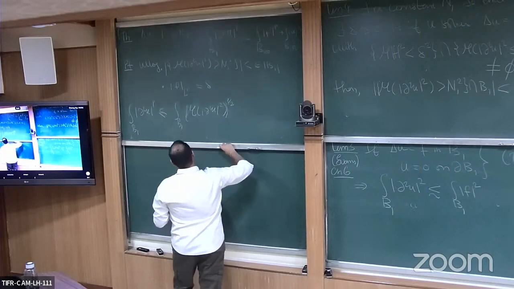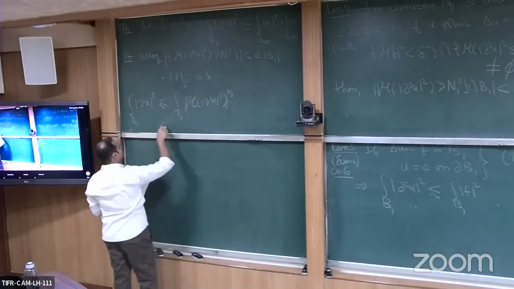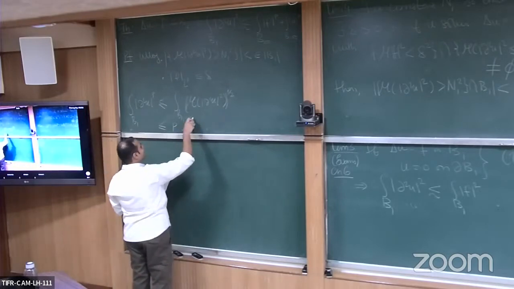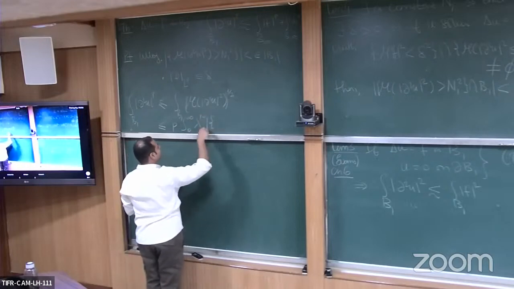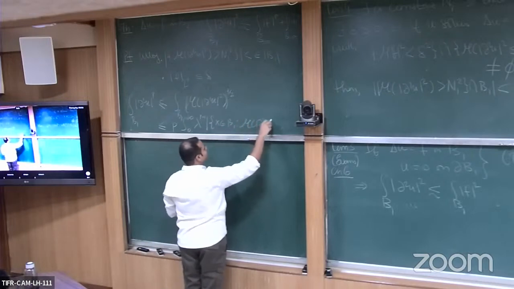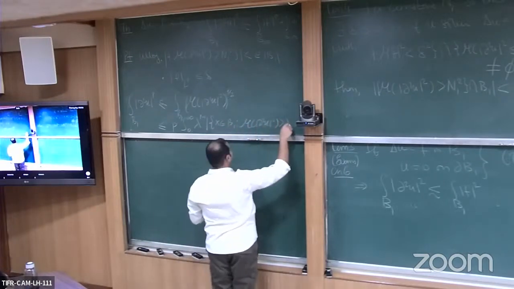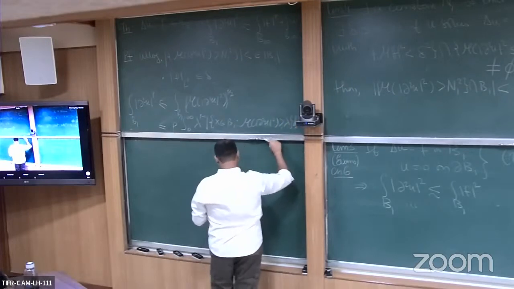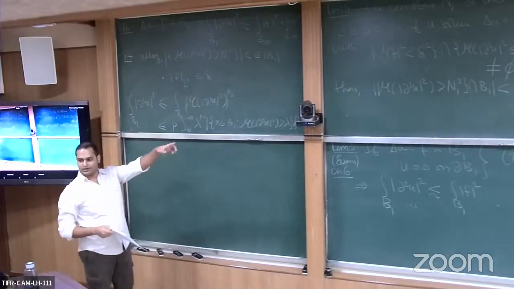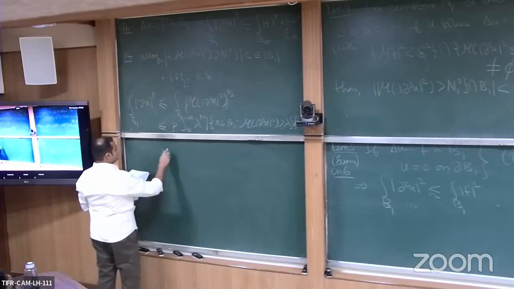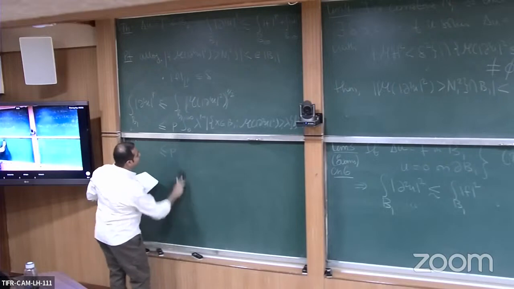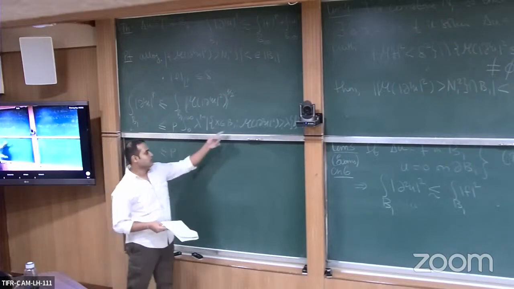And then again the constant is p, integral from 0 to infinity, the power p minus 1 times the distribution function of this, right? Now I start using the iterated result there. So what I'll do is I'll take 0 to 1 and 1 to infinity. From 0 to 1, I'm going to bound this by the measure of the ball, right?